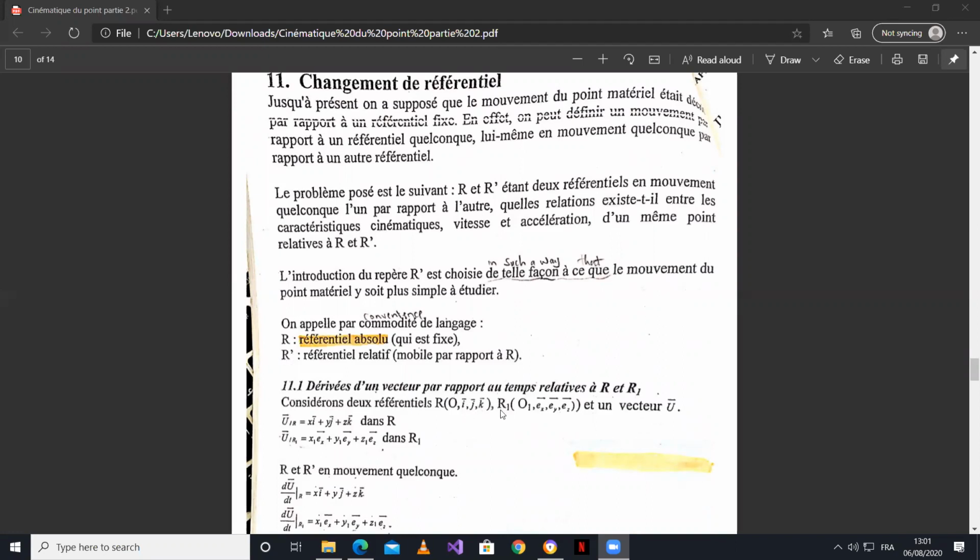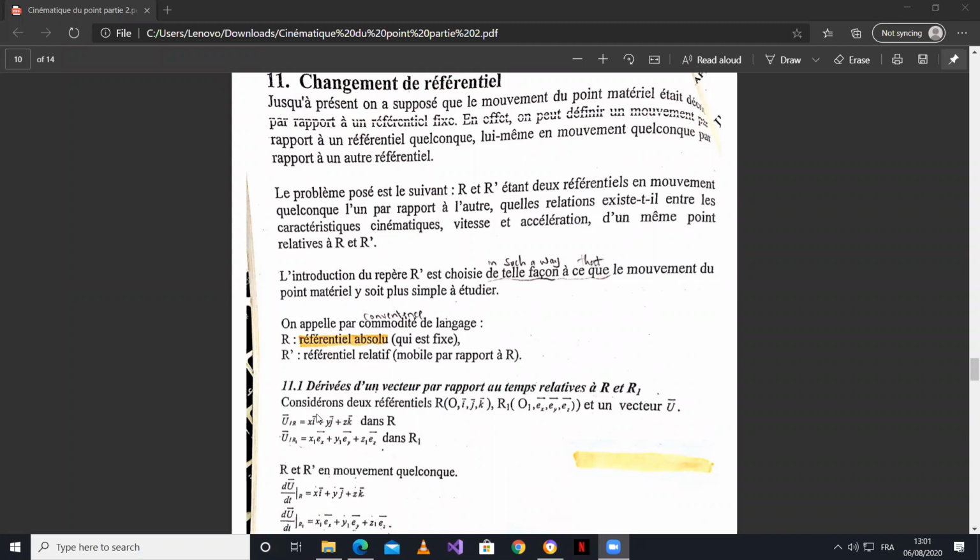Then we have our second référentiel, R1, centre O1, or the origin is O1, avec la base EX, EY, et EZ, et un vecteur U. So we have a vector U. It's like this is the vector whose movement we are studying. Now they tell us that the expression for U in R, when we write it using the base for the referential R, is going to be XI plus YJ plus ZK.